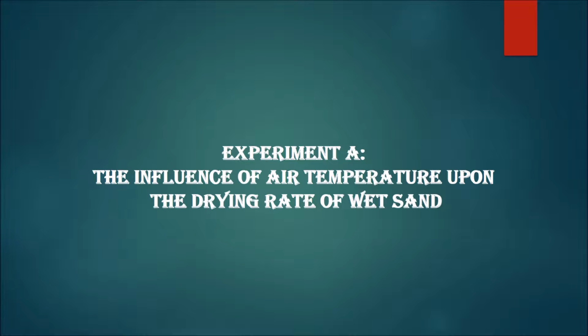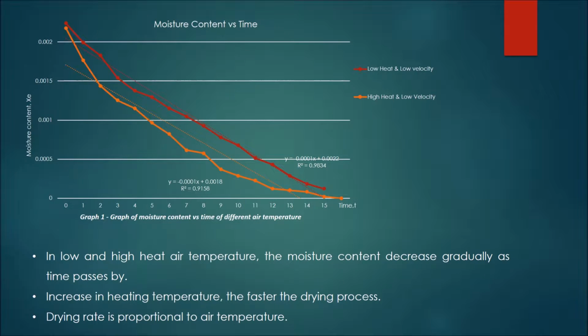experiment A, the influence of air temperature upon the drying rate of wet sand. From the graph of moisture content versus time at different air temperatures, we can observe that for both low and high heat air temperature setups, the moisture content decreases gradually as time passes as water is removed from the sand throughout this experiment.